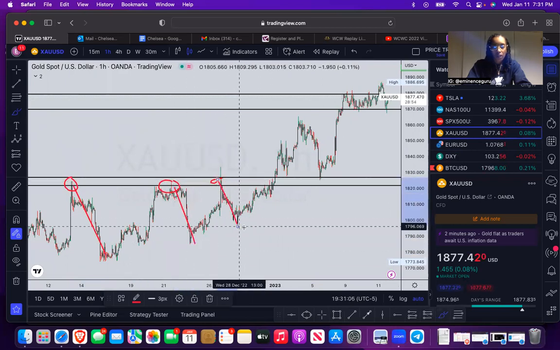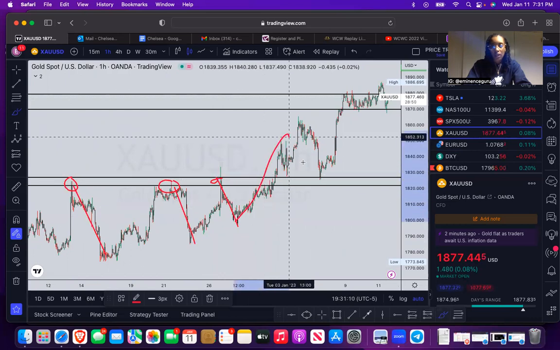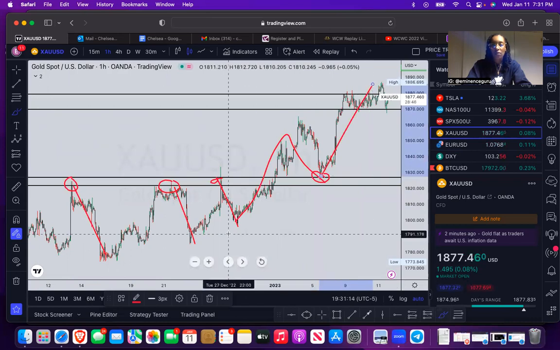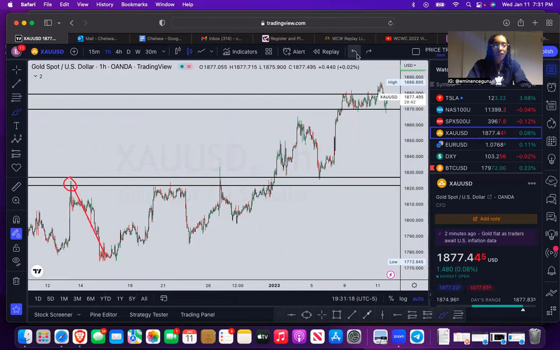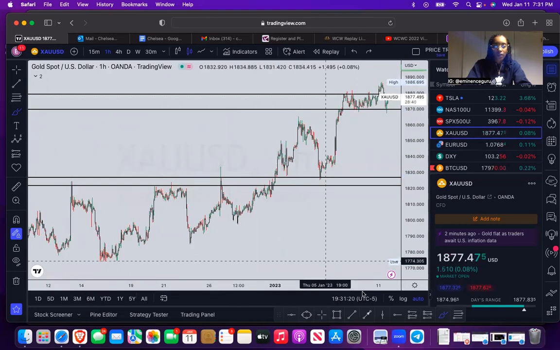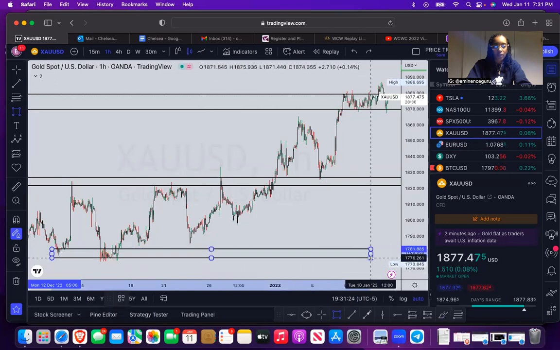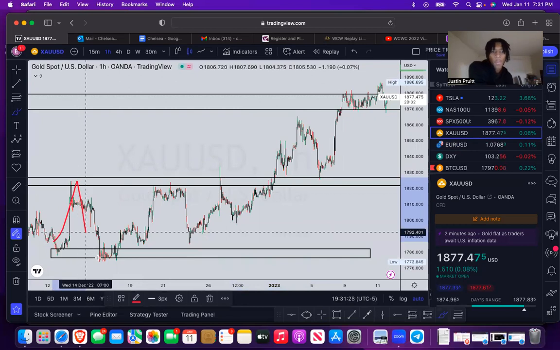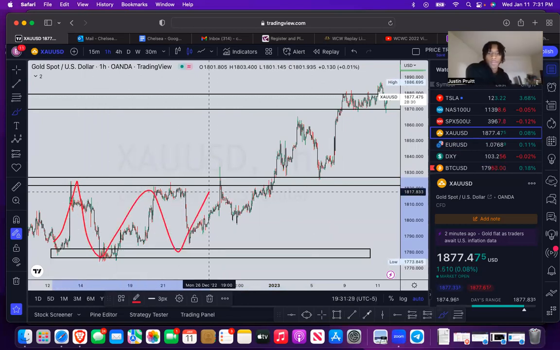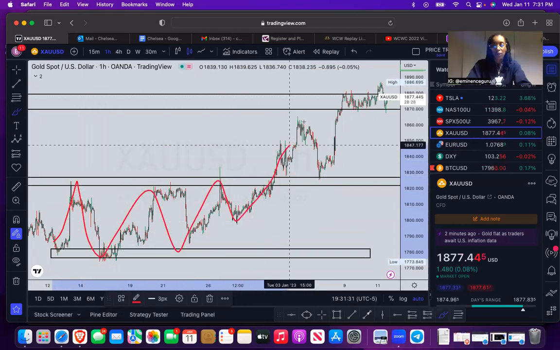Okay, so what had happened? Price impulsed out, came back and retested, and then continued. And this right here was based off of the market ranging, because price was sitting right here for a second. You see how it was going sideways for a second? Sideways, and then it finally pushed out and kept going up.